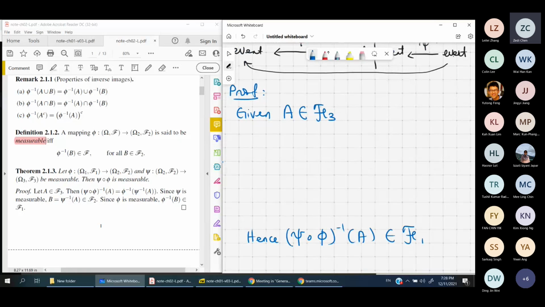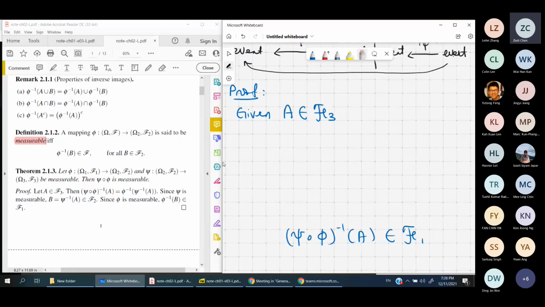If you begin from here, we get this. If we begin from here, we get this. In the middle, you try to come up with your explanation of why you can go from this step to this step.